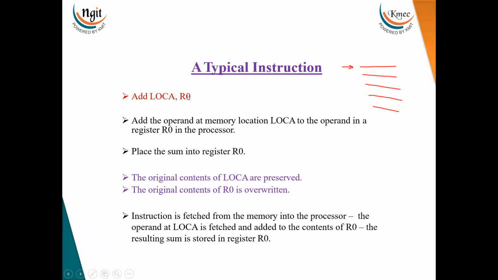And again, the result will be placed into R0. So with this instruction, the memory location operand is not changed, it is preserved as it is. But after the execution of this instruction, whatever the previous data in the R0 register was will be replaced by the result, which is the sum.